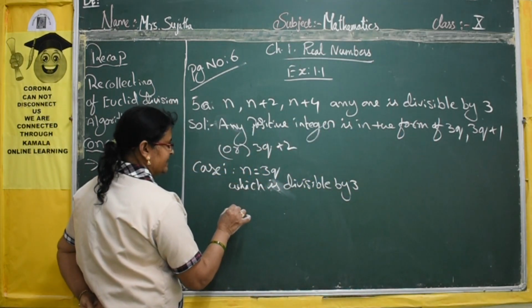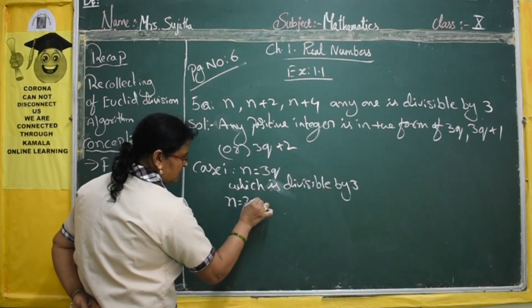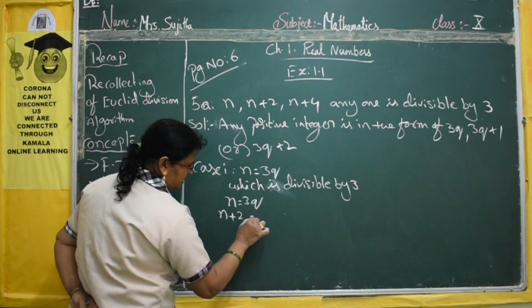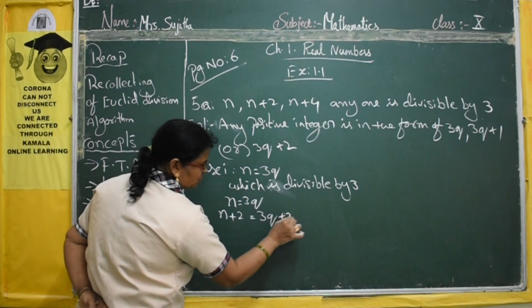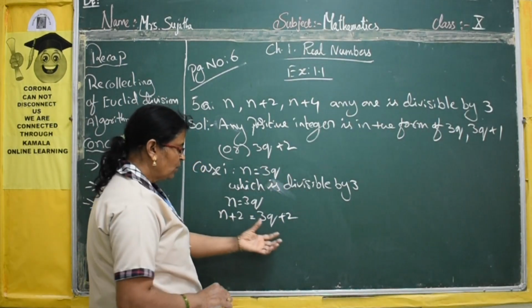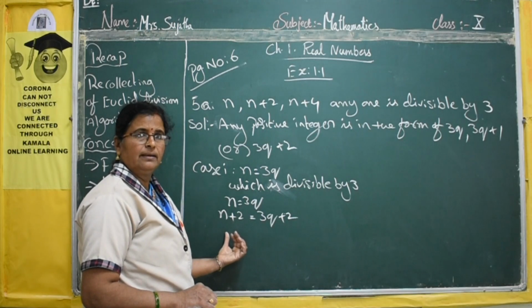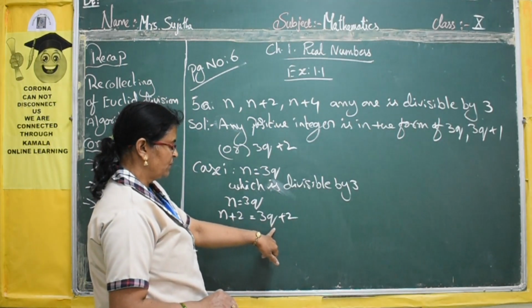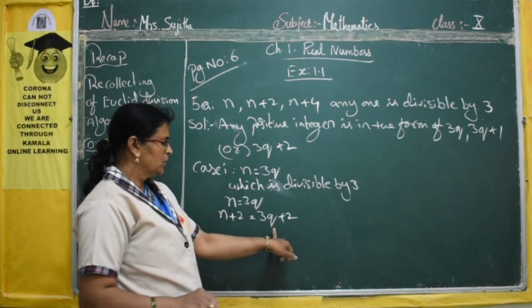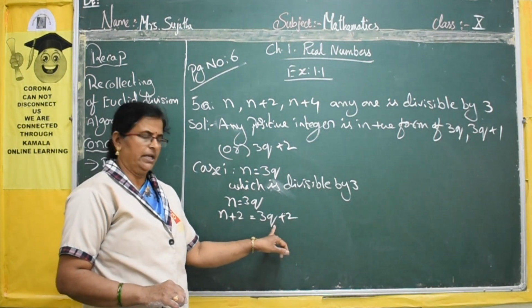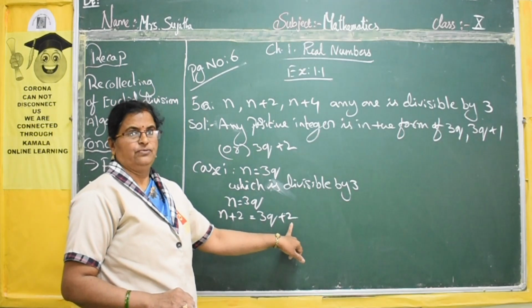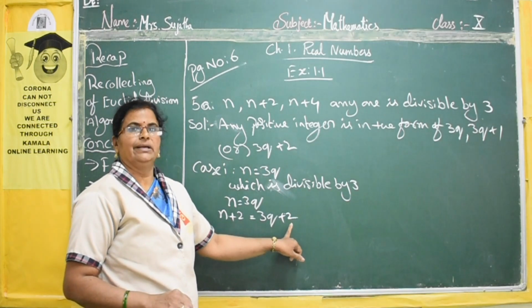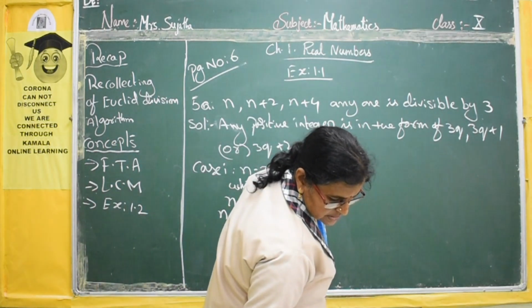Now, again, n is equal to 3q. We now take n plus 2. n plus 2 is equal to 3q plus 2. Will 3q plus 2 be divisible by 3? We will see. Suppose you take q is 1: 3 ones are 3, plus 2, 5. Is 5 divisible by 3? No, you are getting a remainder.